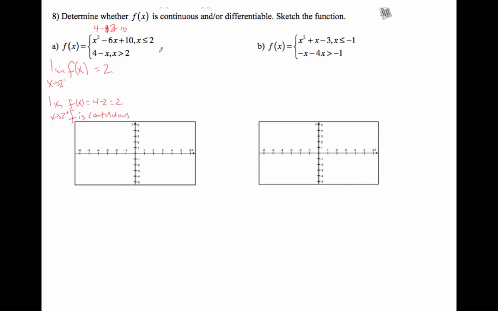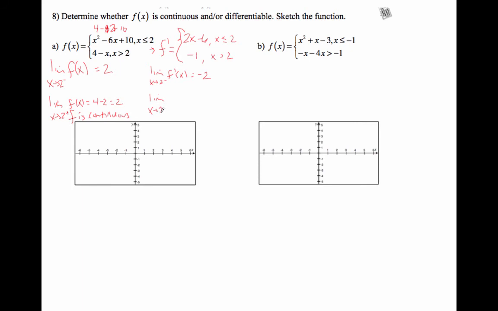Now let's check the derivative. So we'll take the derivative of each piece. So that means from the left, our derivative is 2x minus 6. From the right, it's negative 1. Okay, and I'm just using the power rule on each of these because they're nice polynomials. So let's look at the limit as x approaches 2 from the left of the derivative of f. Well, when I make x 2, I get 4 minus 6. That's negative 2.